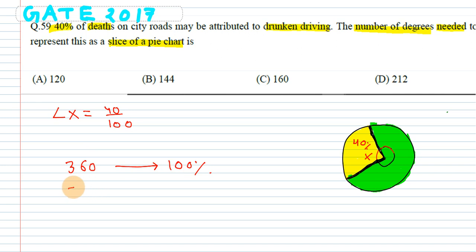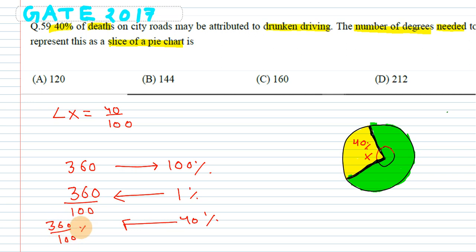For 1% the angle will be 360 divided by 100, and for 40% the angle will be 360 divided by 100 into 40.